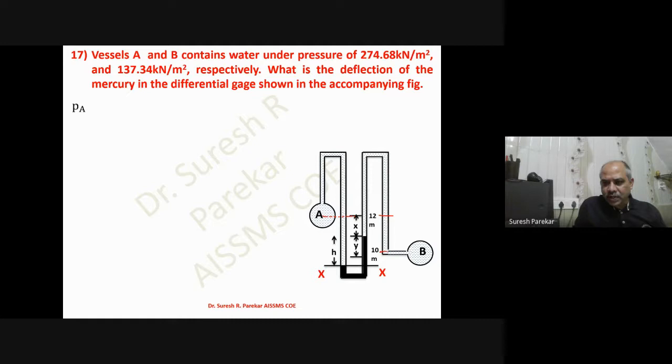This is 2 meters. This is given with some reference, so that reference may be anywhere. So this elevation is 10, this elevation is 12. Now we are here. Then we can have plus rho g into (x plus h).